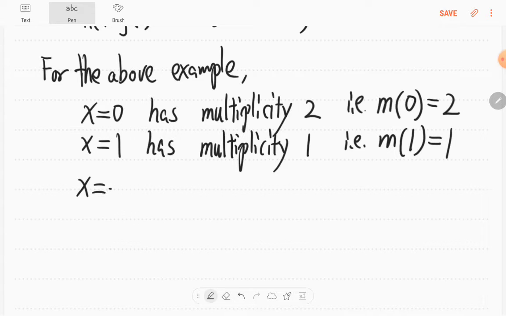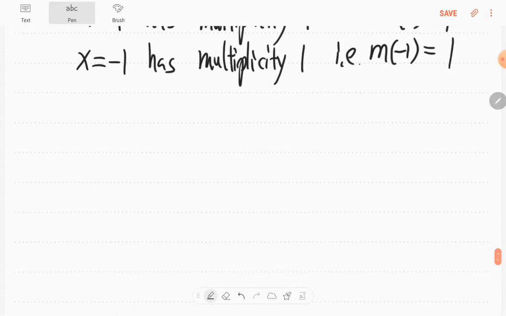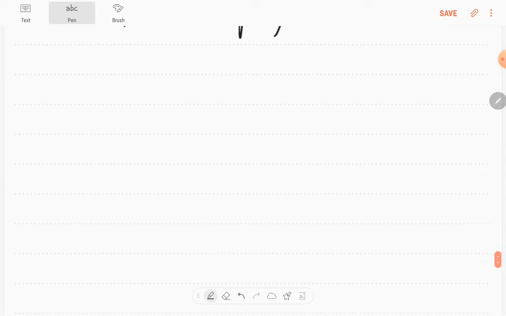X equals negative 1, the same thing, has multiplicity 1 also. In other words, m of negative 1 has multiplicity 1. So why are we interested in the multiplicity? The reason is it will be very helpful to sketch the graph of the polynomial. So now let's look at the properties for the multiplicity.